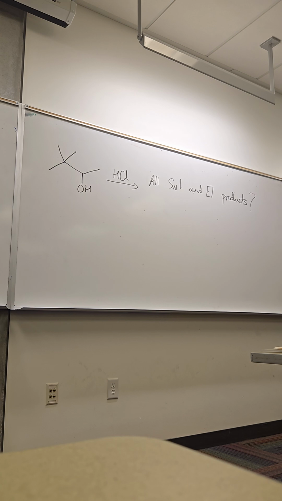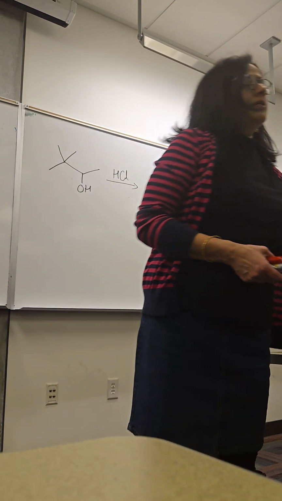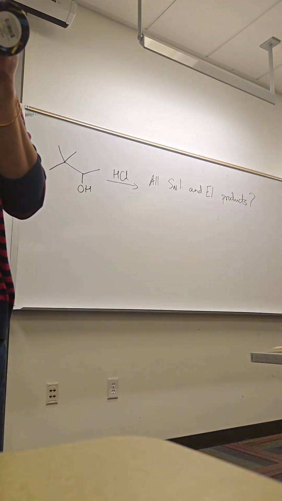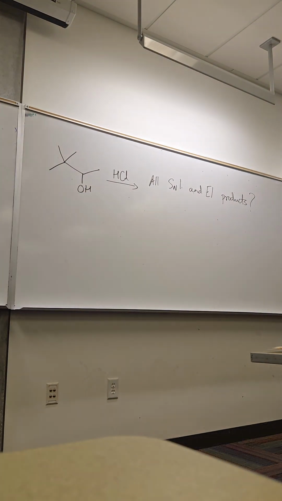I need you to give me all SN1 products and E1 products possible for something like this. What's the first step? Make it a good leaving group. And how will we make this a good leaving group?